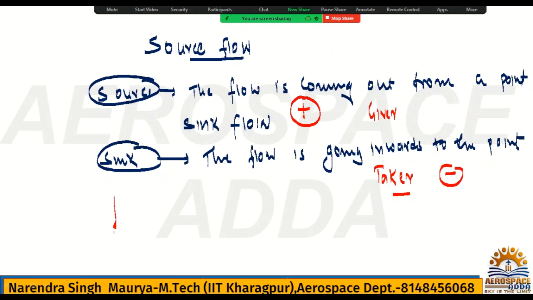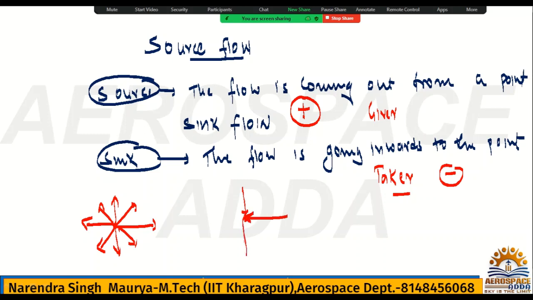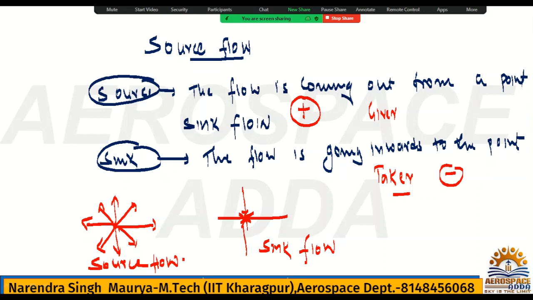So if it is radially going out, and if it is coming in, so this is what? Sink flow, and this is source flow. Just for understanding. Now it's very simple.